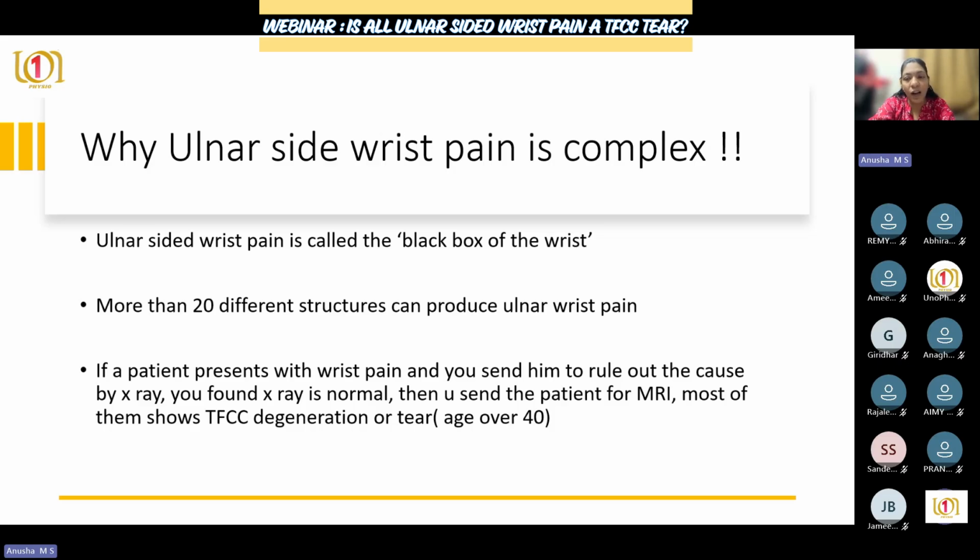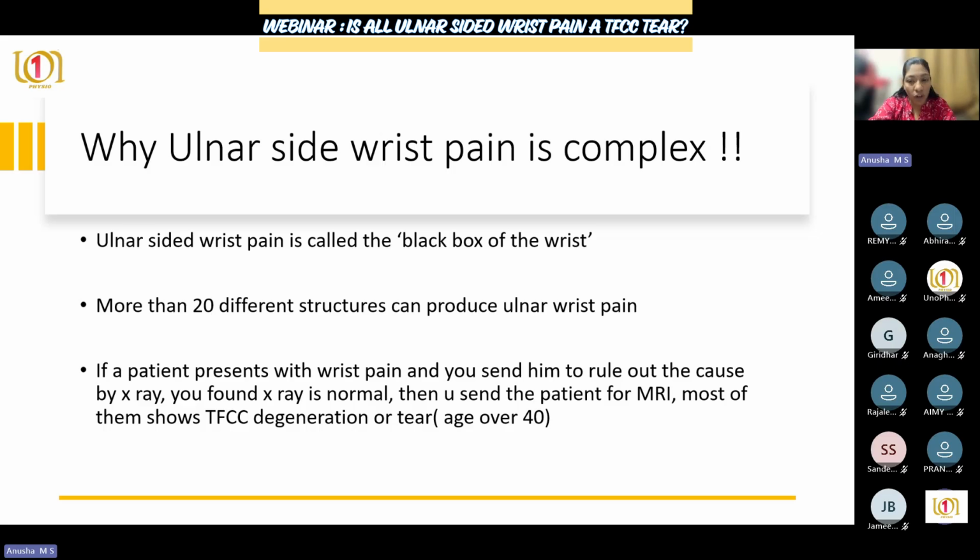You can see how difficult it is because there are a lot of structures. Actually, there are more than 20 different structures over the ulnar wrist area, and any pain, instability or injury to any of the structures can show pain over the other structures also. That is the reason identifying the exact cause of ulnar wrist pain is difficult.